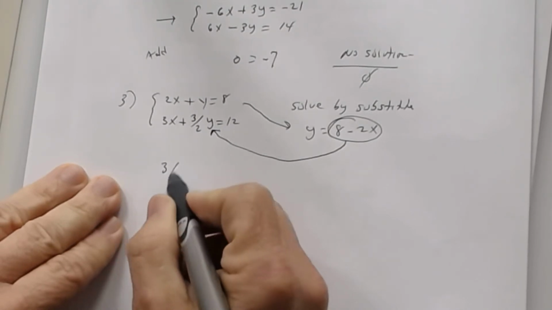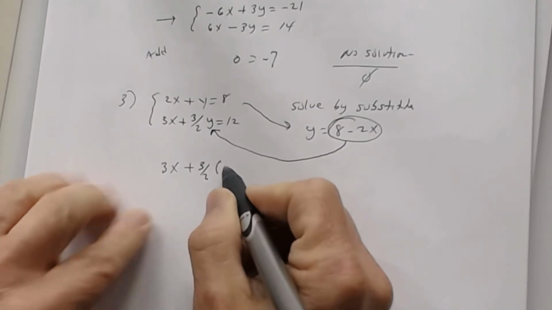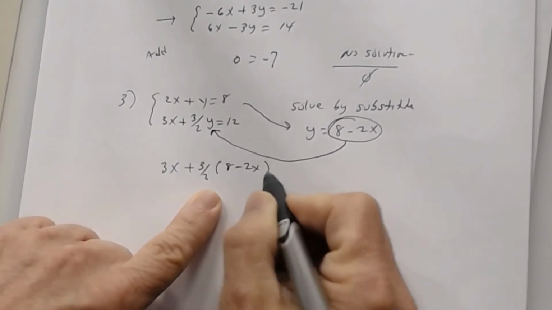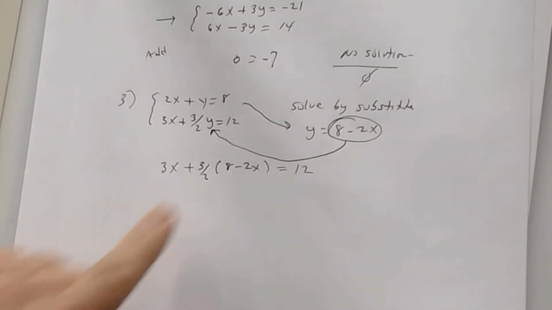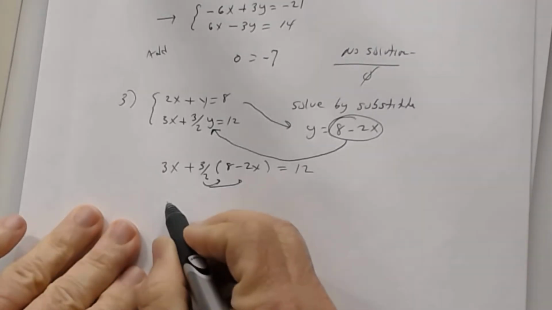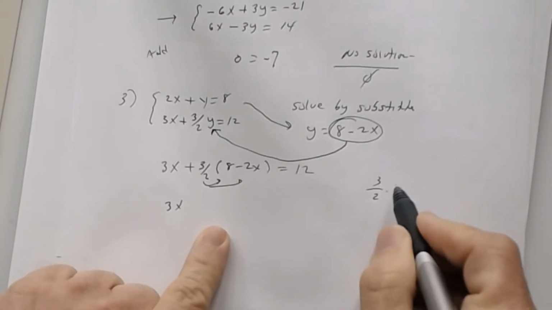So here's what I get. 3x plus 3/2 times, in parentheses, what do I put? 8 minus 2x equals 12. So that's where I'm at. Now how do I get rid of the parentheses? Distribute. So here's what I get. 3x. What is 3/2 times 8?